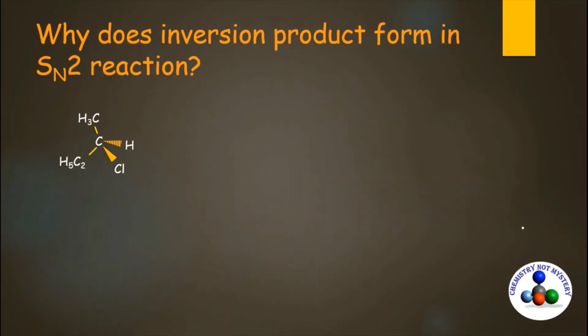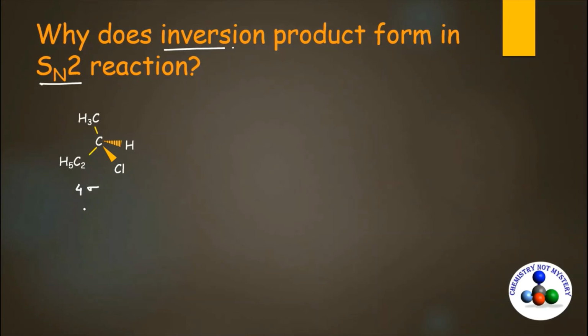Now come to see why do we get inversion product as a result of SN2 reaction. So here this is the reactant, and in this reactant this carbon is chiral carbon because it is bonded with 4 different groups by 4 sigma bonds.